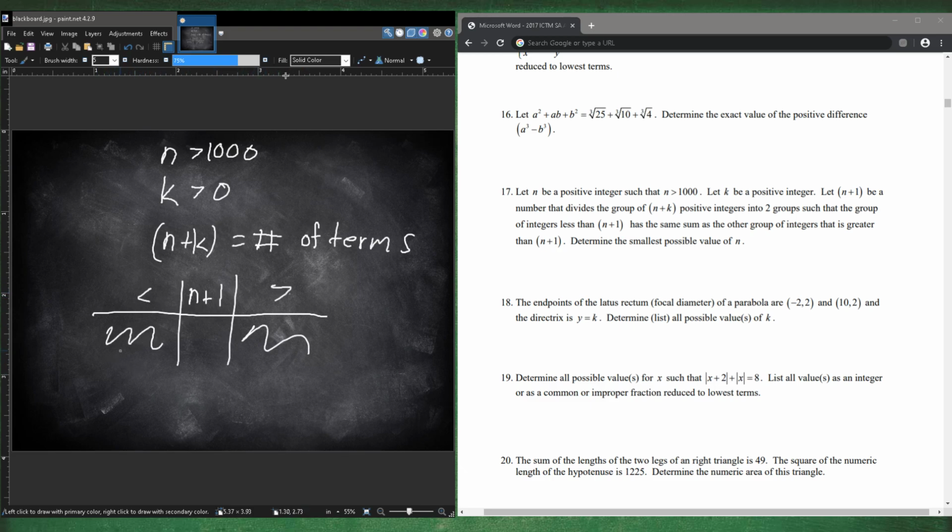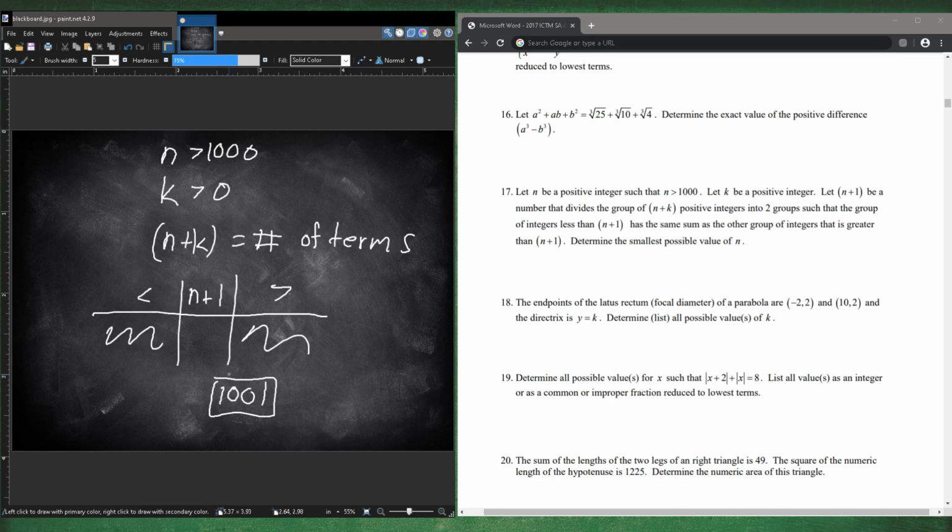So the sum here is equal to the sum here. So the answer to this is actually kind of simple, because we have to find the smallest possible value of n, and n has to be greater than 1,000, so the smallest integer is 1001. And that's your answer for 17.